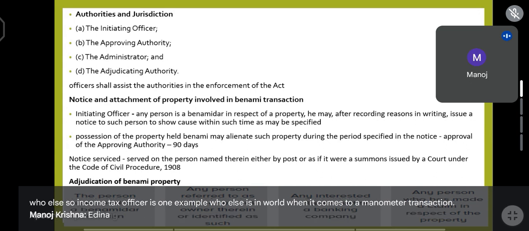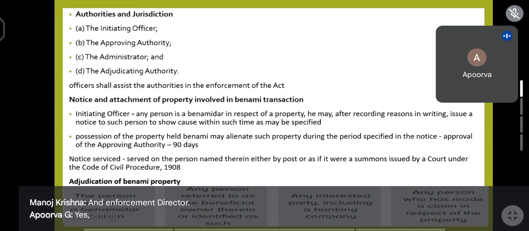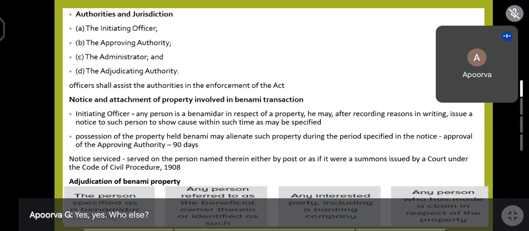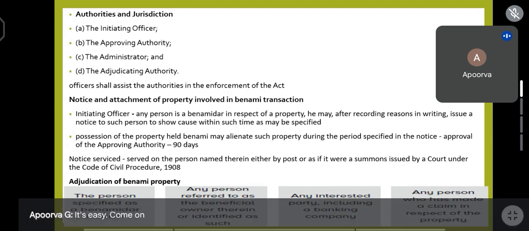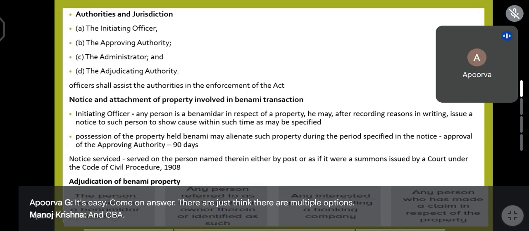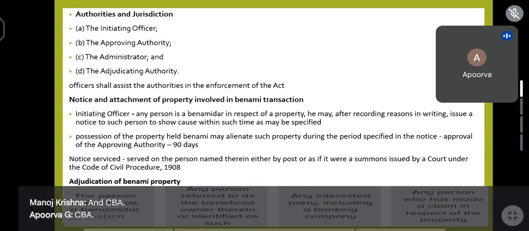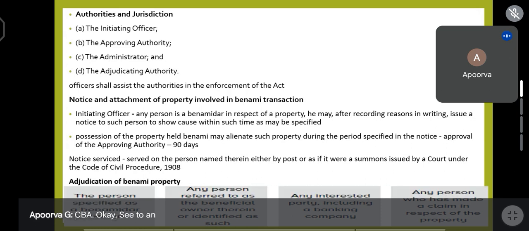Enforcement Directorate. Yes. Who else? It's easy. Come on, answer. Just think. There are multiple options. CBI. CBI, okay, to an extent. But CBI is general, so something like income tax. Who else?